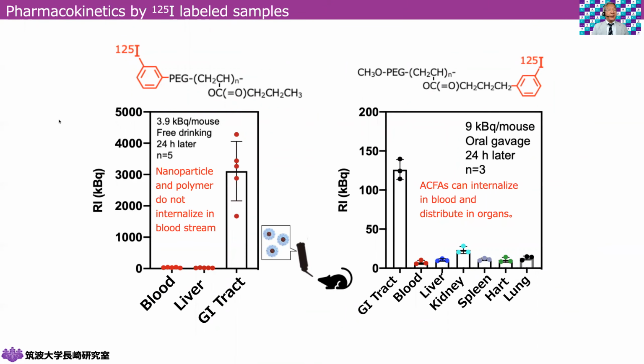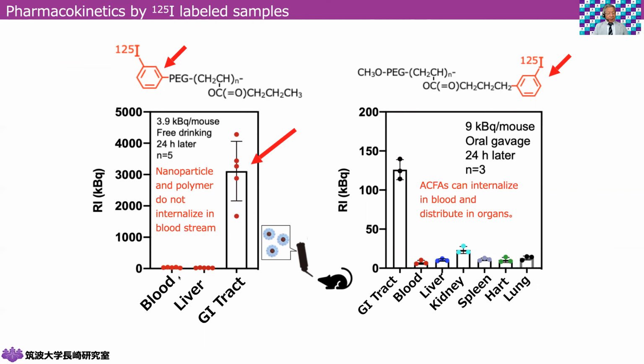So this is pharmacokinetics of our polymer. By iodine labeled sample, we installed iodine 125 at the end of the polymer chain, and here radio labeling as an ester group here. You can see after oral administration, 24 hours after oral administration, the polymer here only locates in the GI tract.